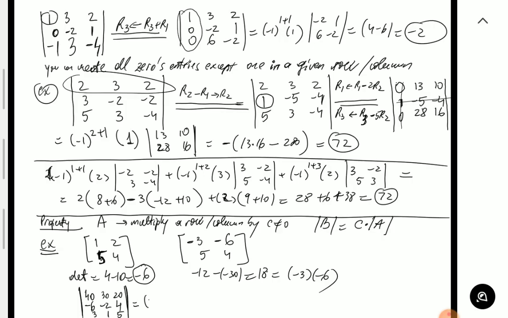So notice I can pull 10 out of the first row, and I can pull, let's say, 2 out of the second row. So the determinant of the original matrix is going to be 10 times 2 times the determinant of what's left. 4, 3, 2, because I pulled 10 out, and then -3, -1, and 2 from the last row. So that allows you, of course, to simplify the entries, work with smaller numbers when you compute the determinant. So you can pull a common factor of a given row or column out in front of the determinant.